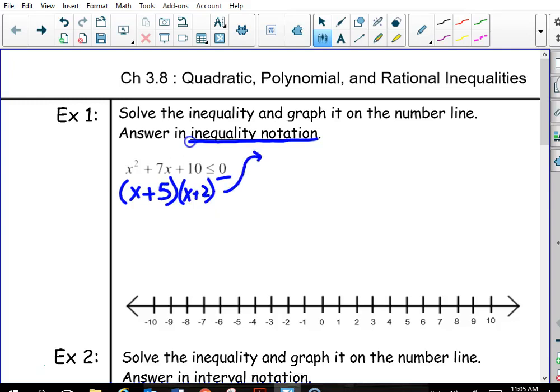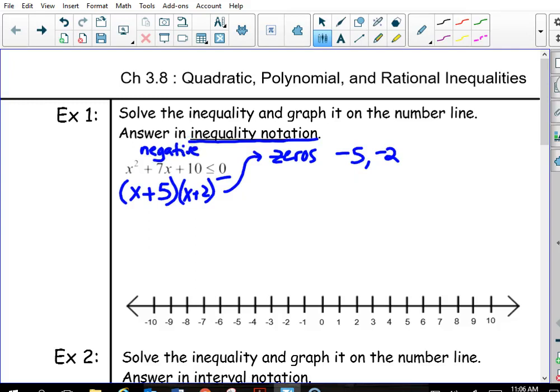So that means we've got zeros at -5 and -2. The zeros are the place where the function changes sign. So going back to the original question, where is this quadratic less than or equal to 0? It's actually asking, where is this quadratic negative?